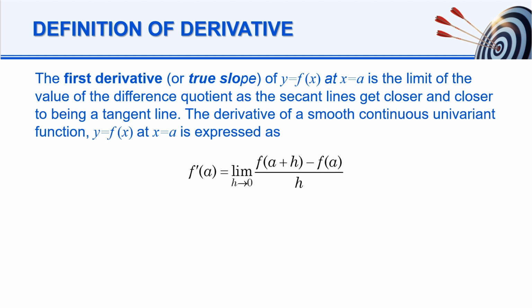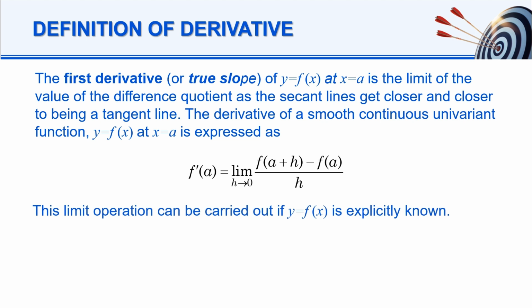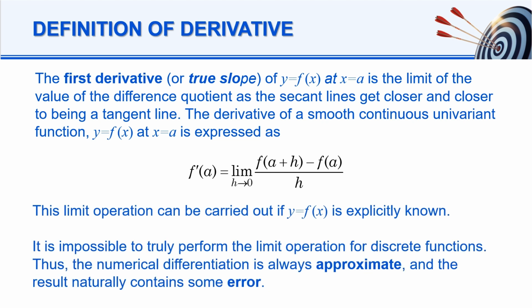This limit operation can be carried out if y equals f(x) is explicitly known. It is impossible to truly perform the limit operation for discrete functions. Thus, numerical differentiation is always approximate, and the result naturally contains some error.